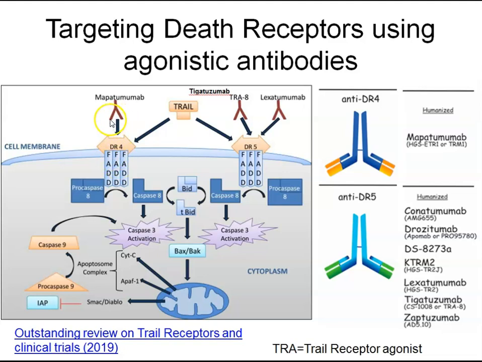And so if an anti-DR4 antibody binds to one DR4, the other antigen binding region of this antibody can bring together another DR4, and there are some versions of these antibodies which are multivalent to bring together whole clusters of death receptors in close proximity. So the idea is mapatumumab and these DR5 agonist antibodies can act effectively as ligands to help cluster the death receptors in close proximity and cause activation, very unlike most other biopharmaceuticals which act as antagonists of receptors.